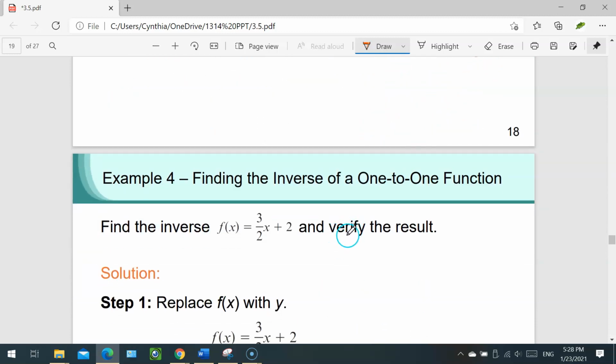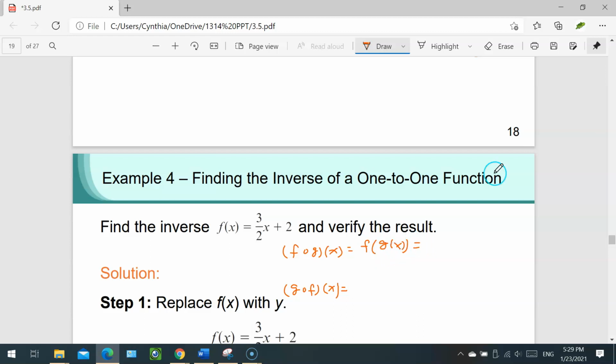Now the question asks us to verify. To verify the result, we just do both directions. So f compose g, we want to get a single x, or g compose f, we want to get a single x as well. So we have f of g of x.